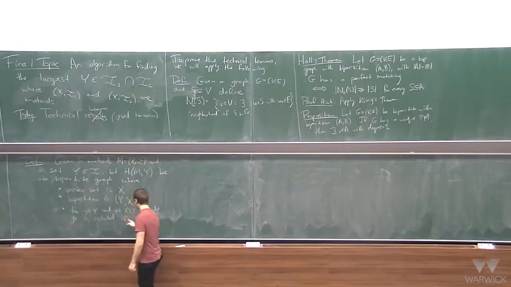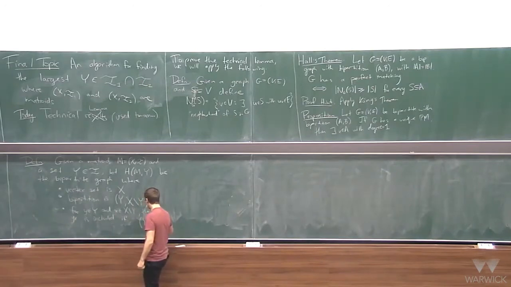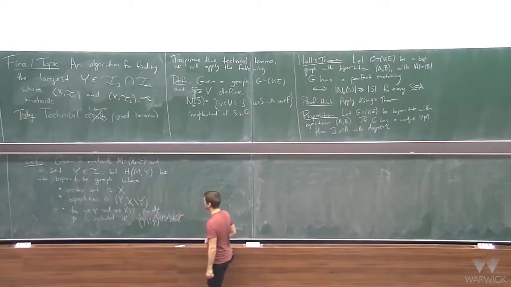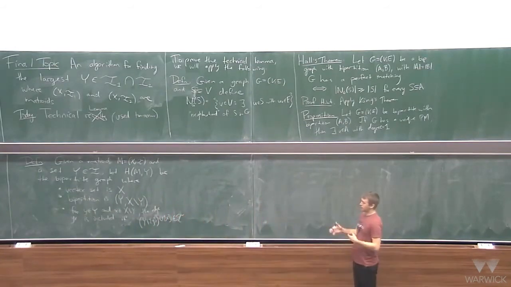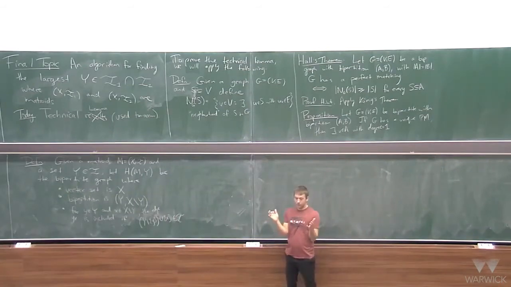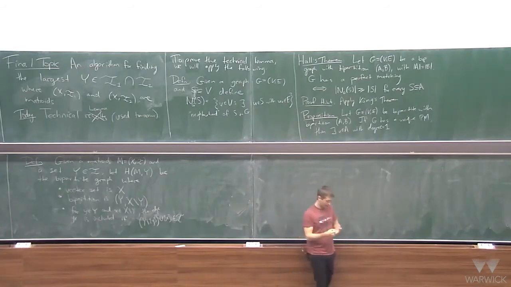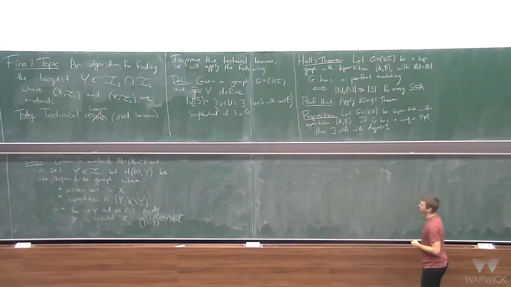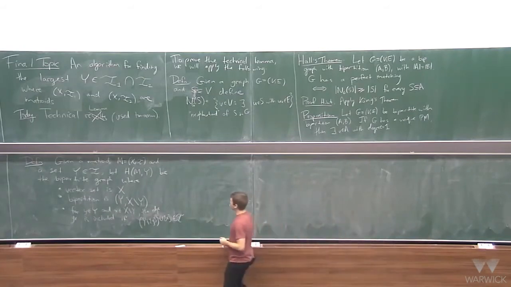So this is an edge if the set where I throw away y and add in x is independent. This graph encodes all the ways you can delete something from Y and add something else and get another independent set. Okay? So why do we care about this graph?